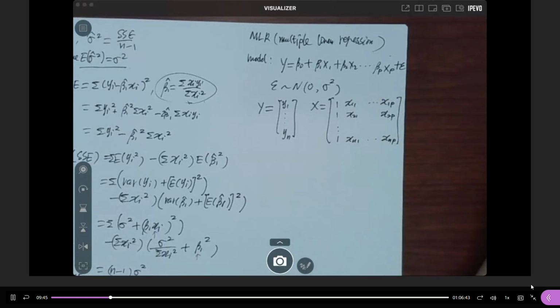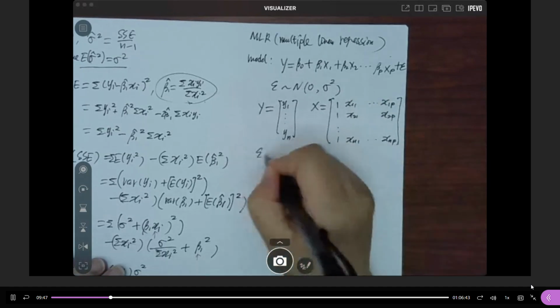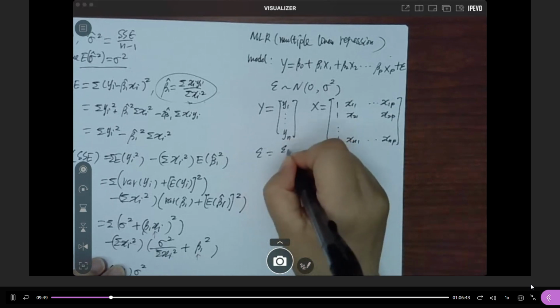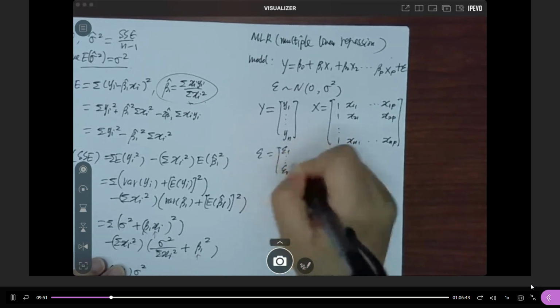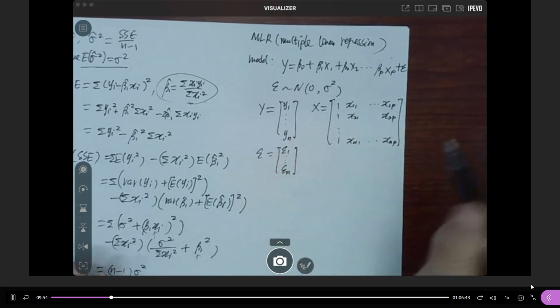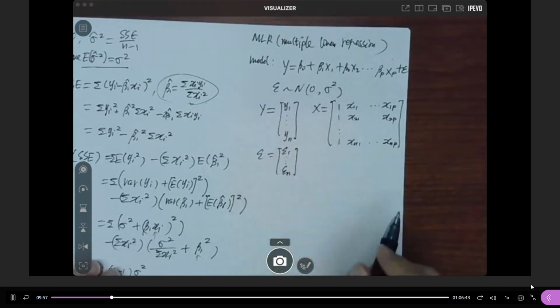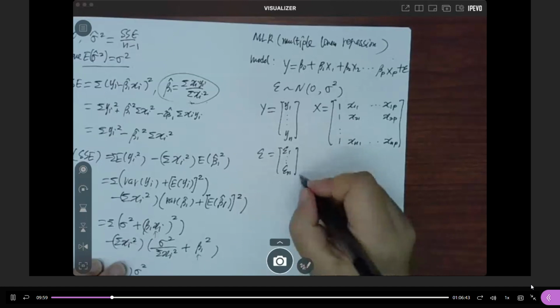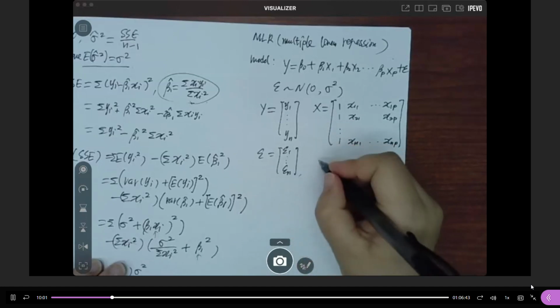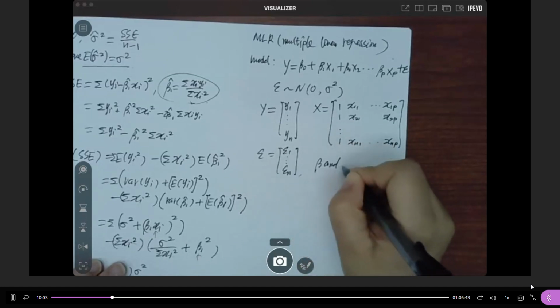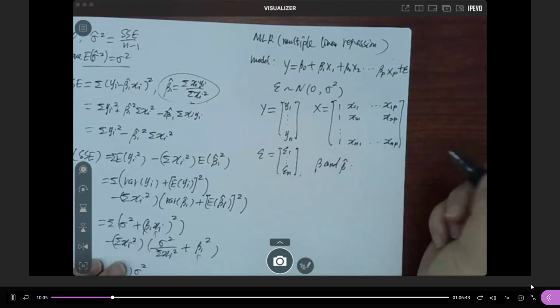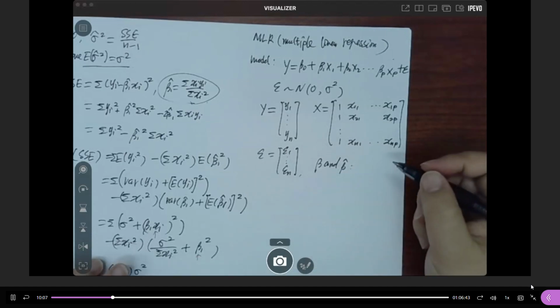So with that, we can also write epsilon equal to epsilon 1 to epsilon n. All the epsilon i follow the IID distribution, normal with 0 and sigma squared. And we write beta and beta hat as a p plus 1 dimension vector.